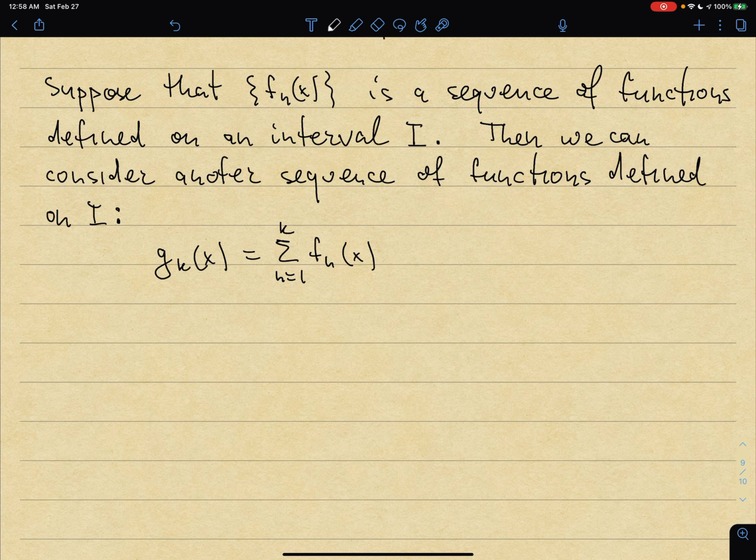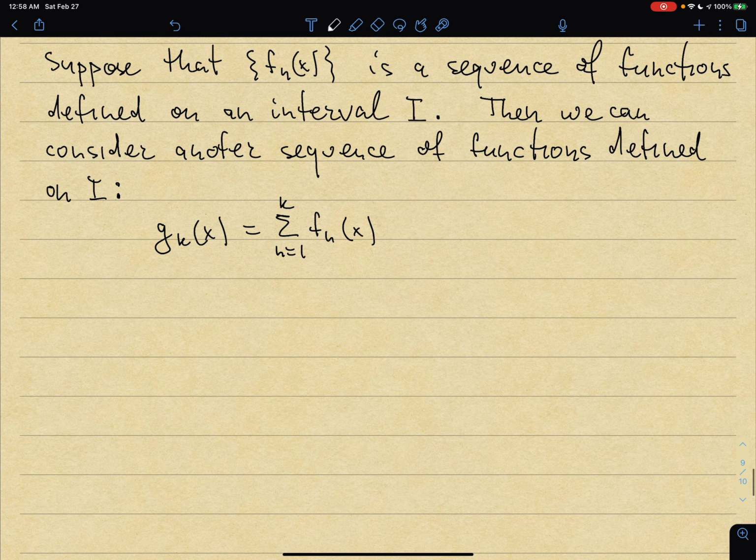So then what we would like to do is consider another sequence, and then we can study the limit of gk as k goes to infinity.